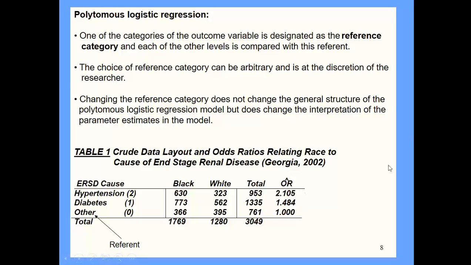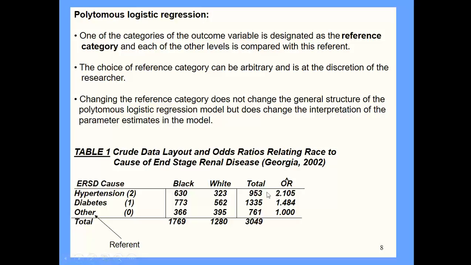Odds ratio 2.105, 1.484. What's that? How did I get the 2.105? What's that the odds ratio of? Hypertension versus other. So how is it computed? This is just crude. 630 times 395 divided by 323 times 366. That's how you got 2.105.